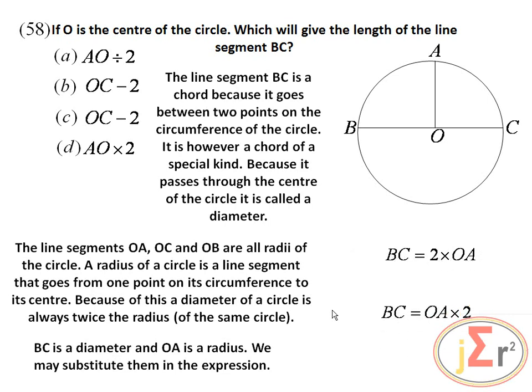And of course, multiplication is commutative, meaning that the order in which we multiply numbers does not affect the result. Therefore, we have 2 multiplied by OA right there. We may as well write that as OA multiplied by 2. The correct answer is option D.